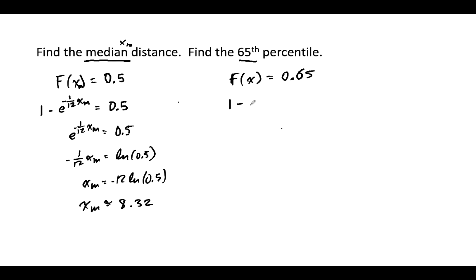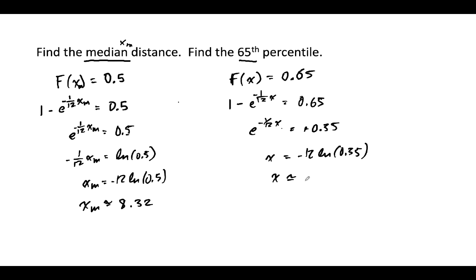Again, same process here: 1 minus e to the negative 1/12 x equals 0.65. Do my algebra, and it looks like I'm going to end up with this expression here, which when you pop it into a calculator, rounding off, is about 12.60.